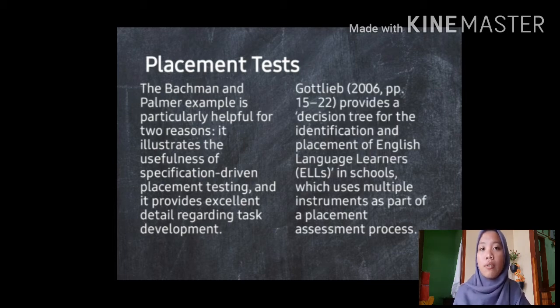And Gottlieb 2006 provided a decision tree for the identification of placement of English language learners (ELLs) in schools, which uses multiple instruments as part of the placement assessment process. In some contexts, self-assessment may be used as the primary assessment tool in placement, particularly but not exclusively with adult language learners in low-stakes contexts.